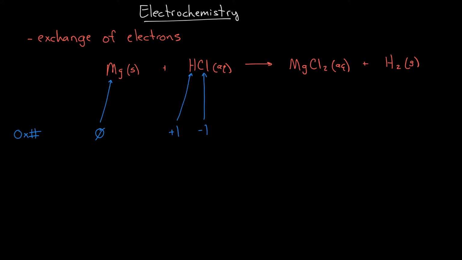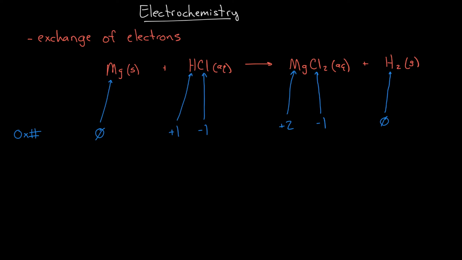On the right-hand side of the equation, magnesium is with chlorine, so magnesium is +2, and chlorine is still -1. And then hydrogen over here, because this is the natural form of hydrogen, hydrogen gas, is now going to be 0.